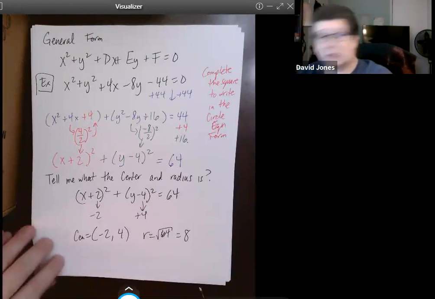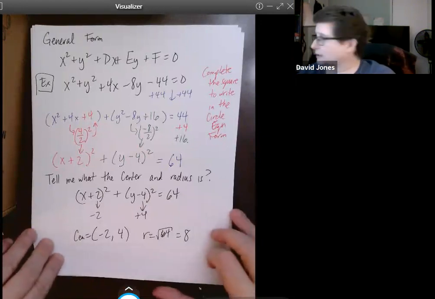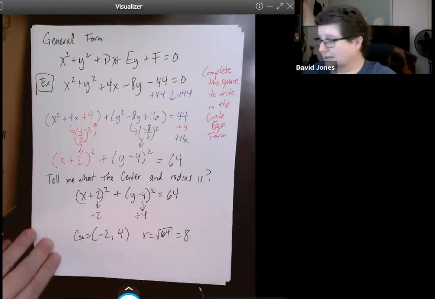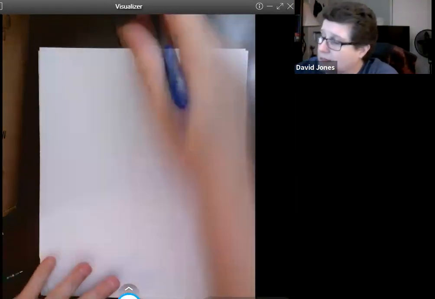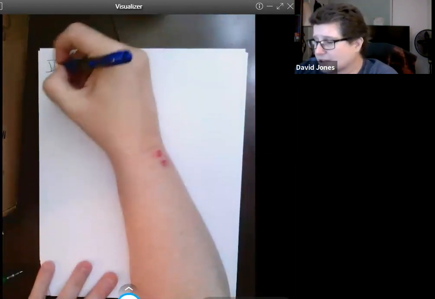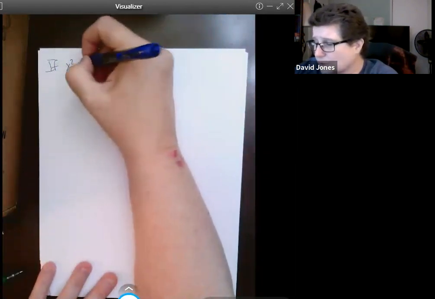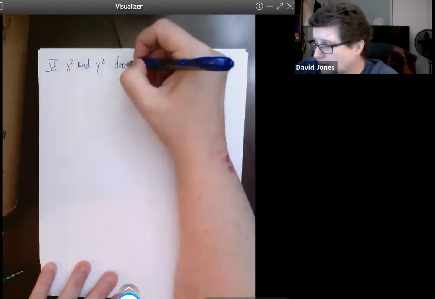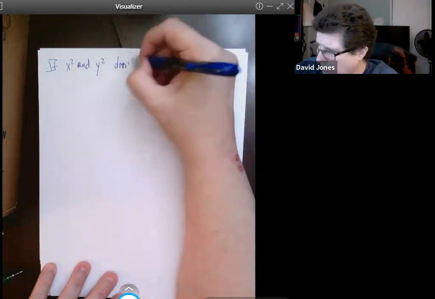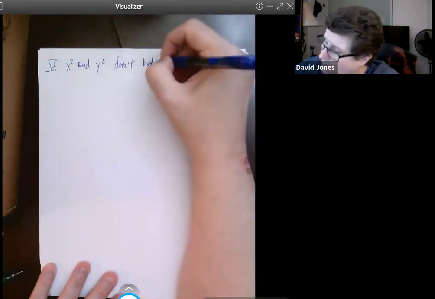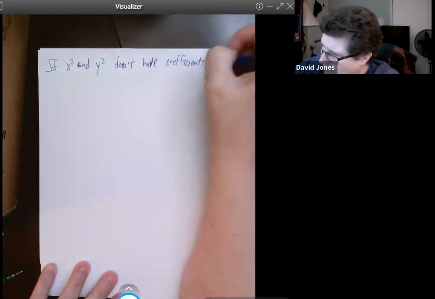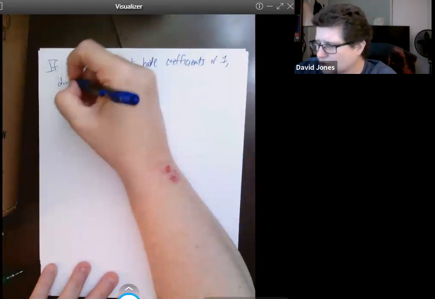All right. Let's kick it up a notch. Let's make it a little bit harder. If x squared and y squared don't have coefficients of 1, divide by the coefficient.